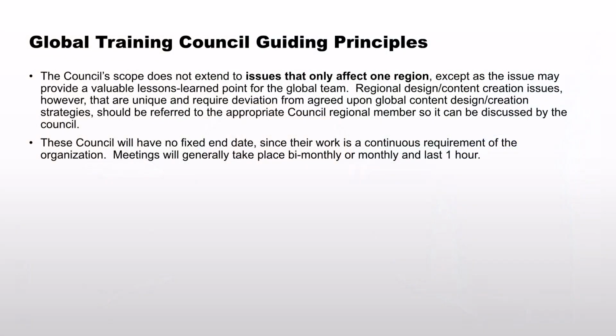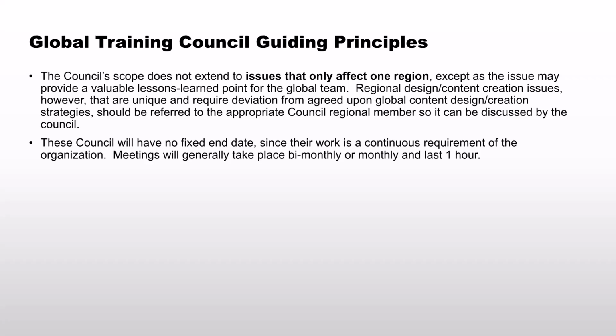And the other thing that we decided is that if there was a region that needed something or they thought it needed a specific course or not, that would not be a council's scope. They would not have to approve that. However, we did review different region requests to see if anybody else within the globe or another region would like to have that training material.